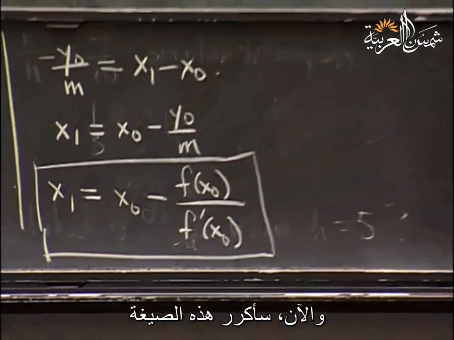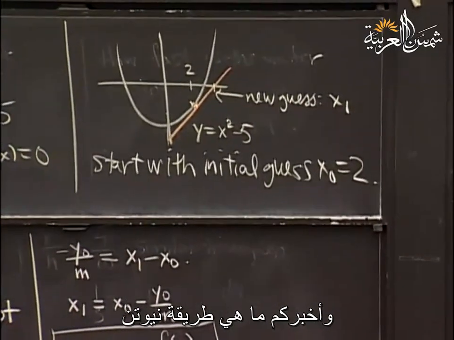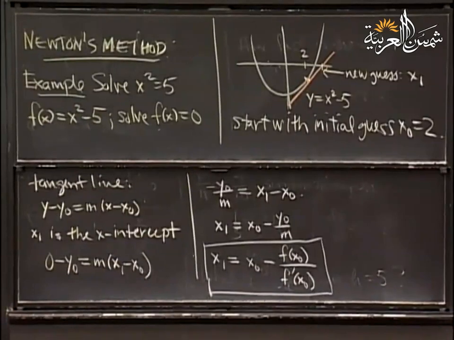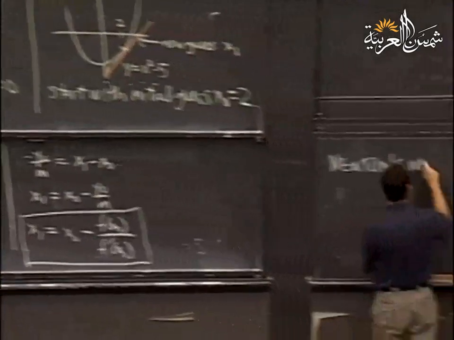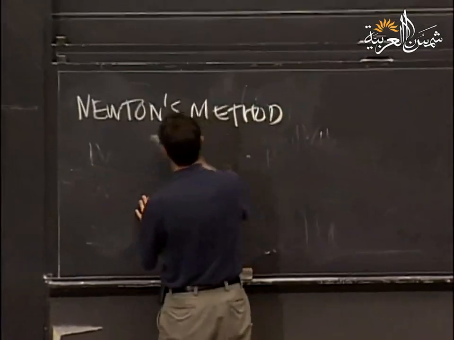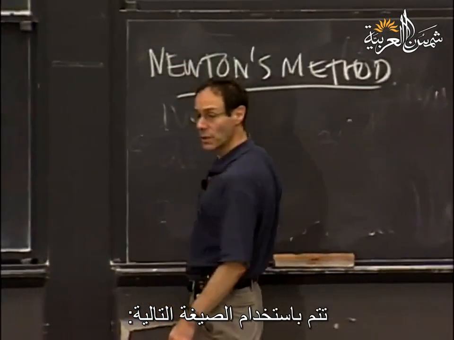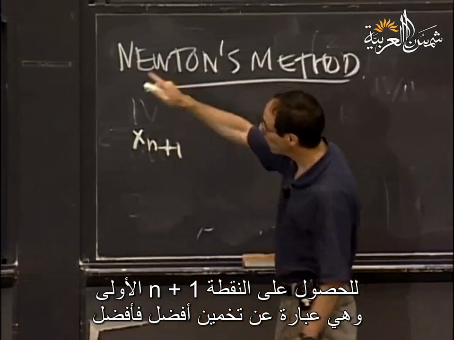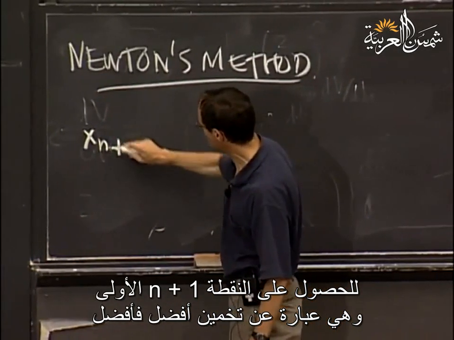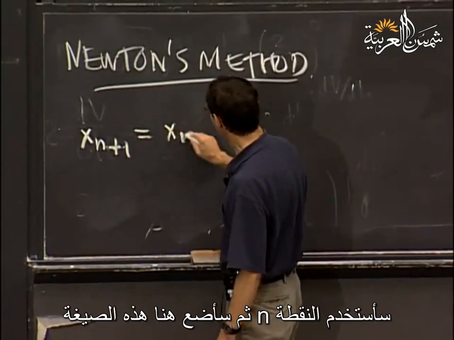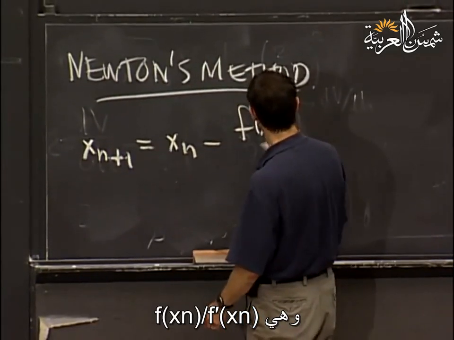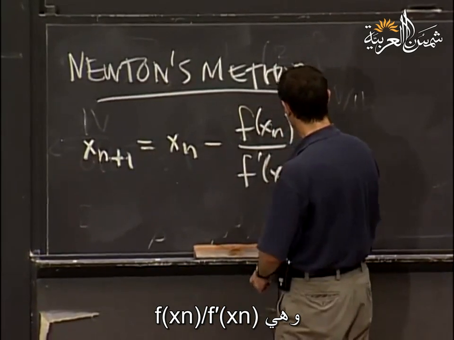Okay, I'm going to repeat this formula. I'm going to tell you again what Newton's method is and put a little more colorful box around it. So Newton's method involves the following formula. In order to get the n plus first point, that's a better and better guess, I'm going to take the nth one, and then plug in this formula: f of xn divided by f prime of xn.